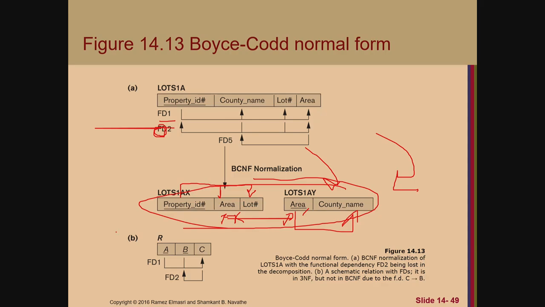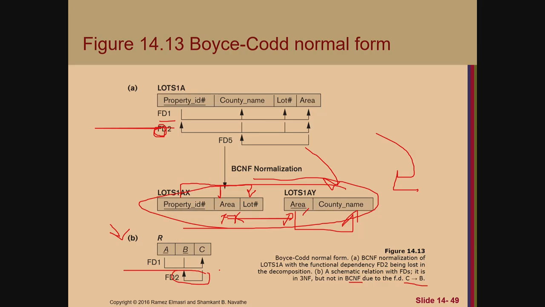Okay, and B is a very difficult one. B is a schematic relation of functional dependency. It is in third normal form, but not Boyce-Codd, due to the functional dependency C determines B, which still remains. This one is quite difficult.